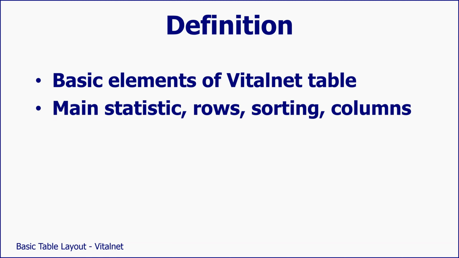Basic table layout includes the main statistic, the row variable, row sorting, and the column variable. To do any kind of data analysis, you must understand basic table layout. After viewing this presentation, you will understand.